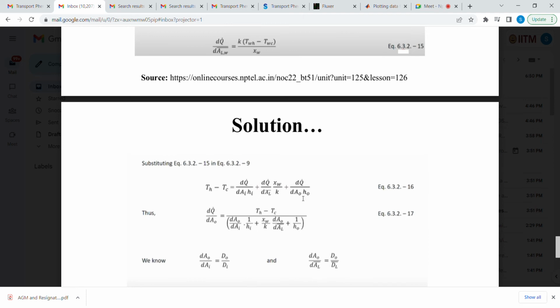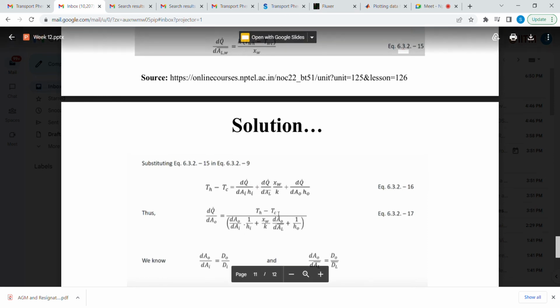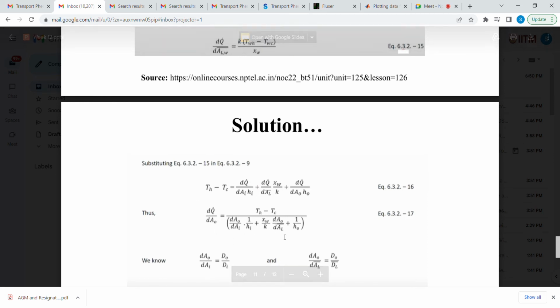So dq by dA naught, that's what we want, right? We rearrange it, and we get Th minus Tc divided by [(dA naught by dAi) into 1 by hi plus (xw by k) into (dA naught by dA_L hat) plus 1 by h naught]. I understand I'm simply reading these things out, but this is the only way to go about it. We have to go step by step, lest we miss something.